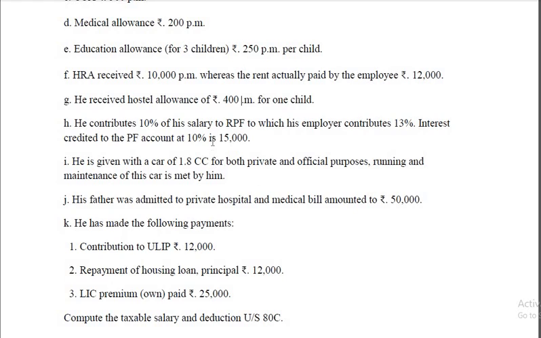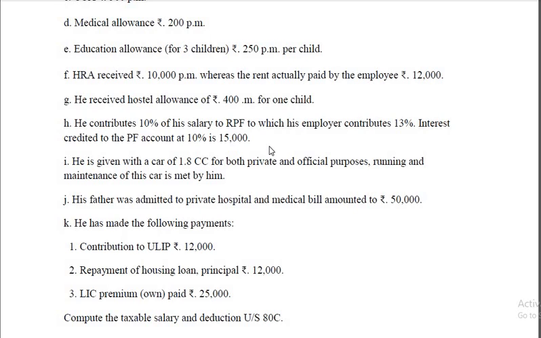Answer is 750. He is given a car of 1.8 cc for private and official purposes. The running and maintenance of this car is met by him. That means a bigger car, anything above 1.6 cc is considered to be a bigger car, used for both private and official purposes.